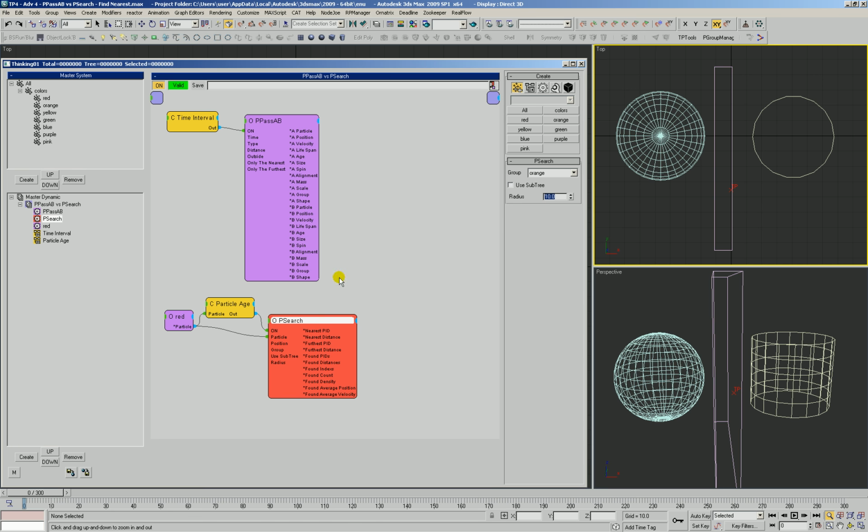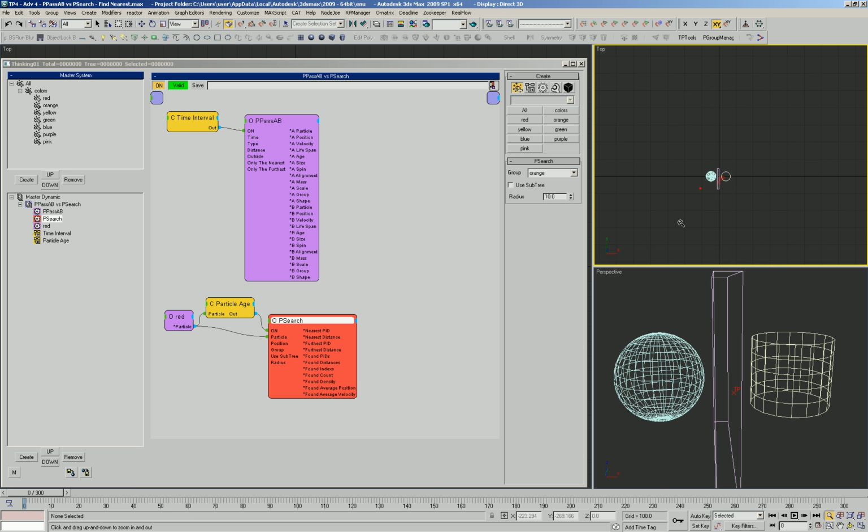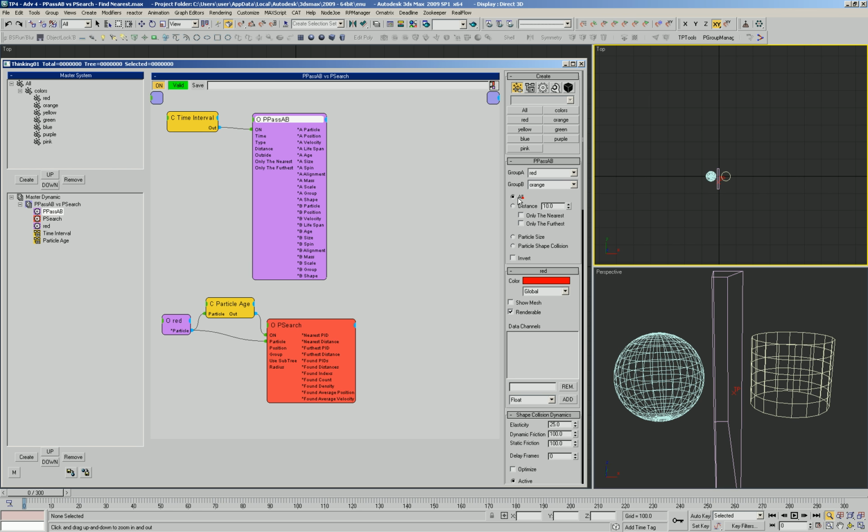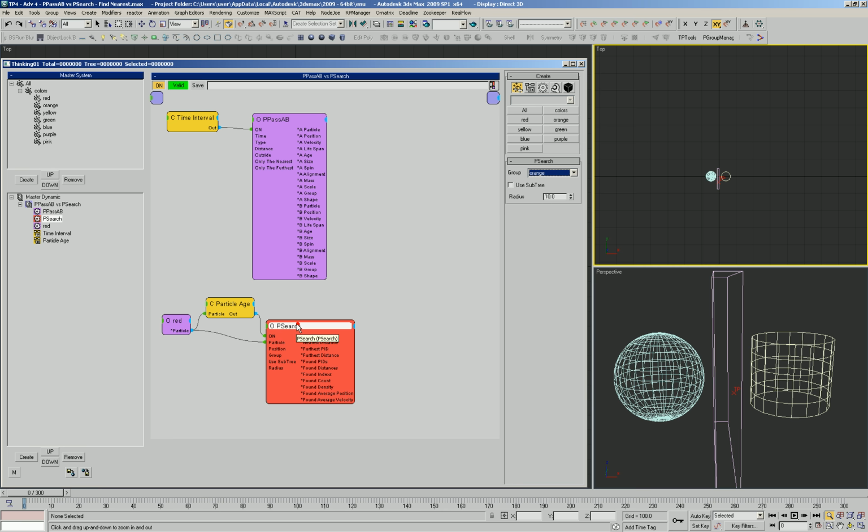And PSearch is really distance specific, radius specific here. It's always limited by this distance. Let's say you have a pretty big scene size and you always want all the red particles to find every orange particle, similar to the all option in PPassAB. Then you're going to want this radius to be pretty large. You can crank it way up.